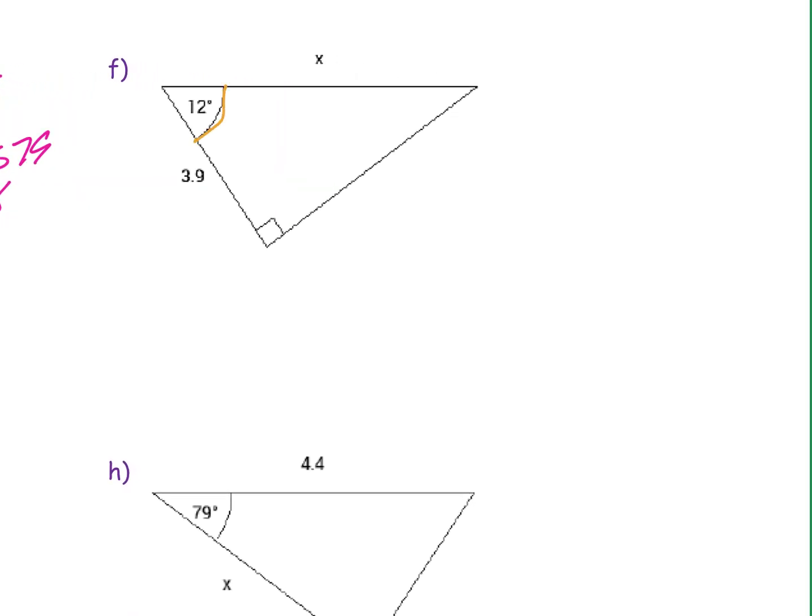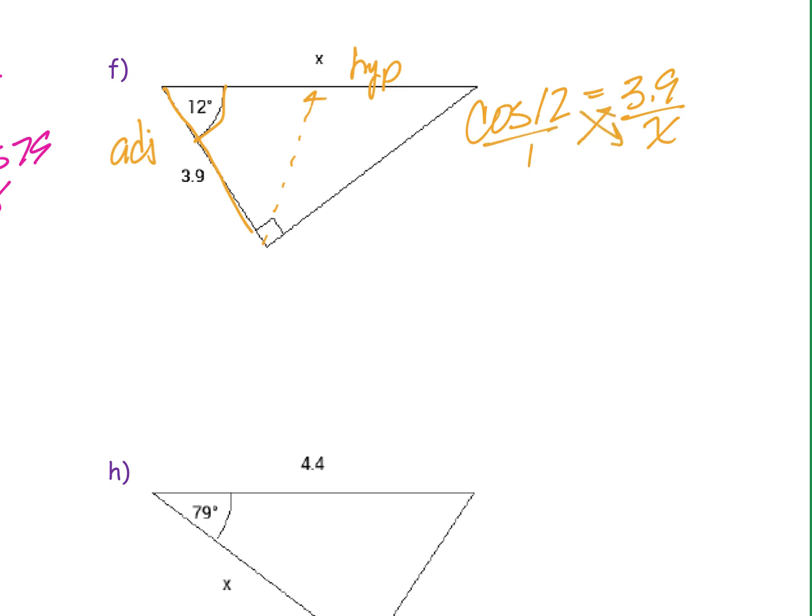F, here's my angle. Here's my hypotenuse. The side adjacent. So I'm using cosine of 12 equals 3.9 over x. Cross multiply.